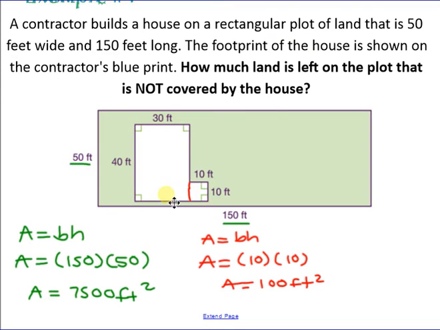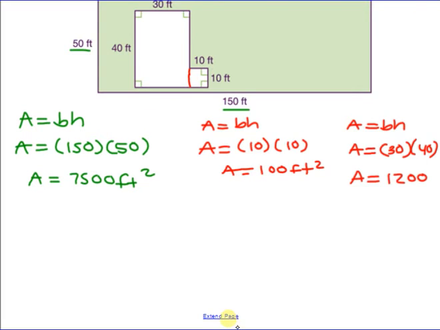But then I have this larger rectangle here. Area equals base times height. The base is 30 and the height is 40. And so when I multiply those together, I get 1,200. Now, I need to add these two numbers together in order to get the total house.